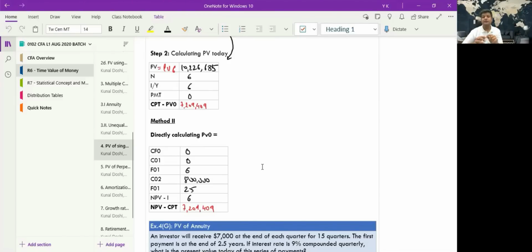Then you press NPV, your rate of interest is 6, so you press 6, enter, and then when you press the down arrow key, you have NPV on your screen, press compute, you'll get exactly the same answer. Everyone cleared? Anyone has any doubts? Correct?